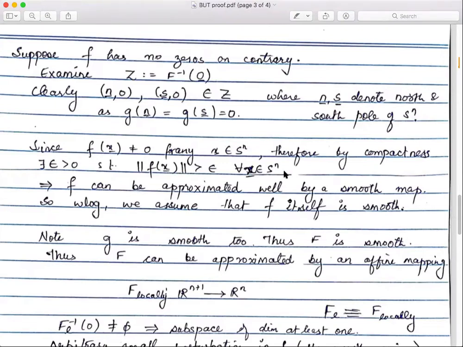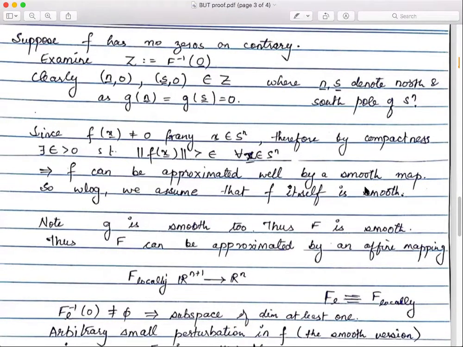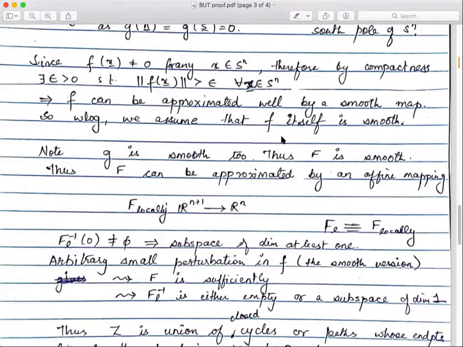And this implies that one can approximate f by a smooth map. So instead of looking at f, I would just look at a function which has this antipodal property and is a smooth map. So I would assume that f itself is smooth.